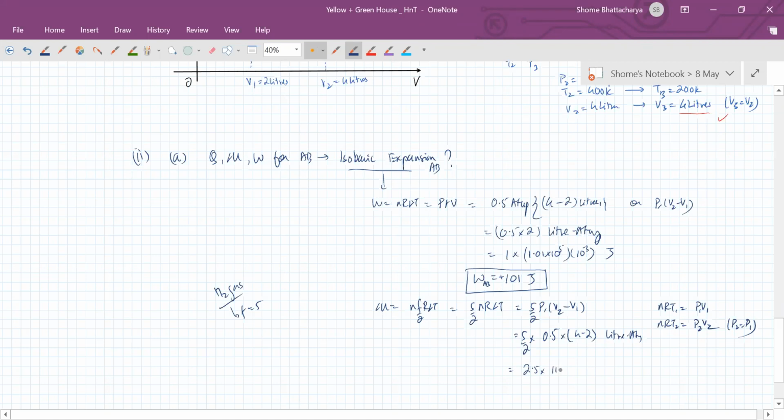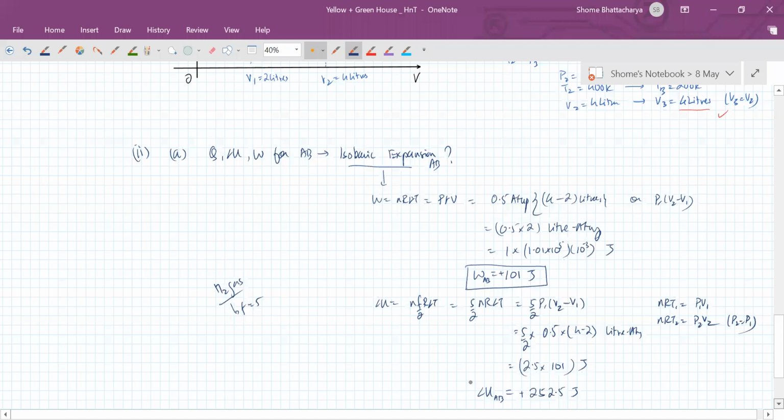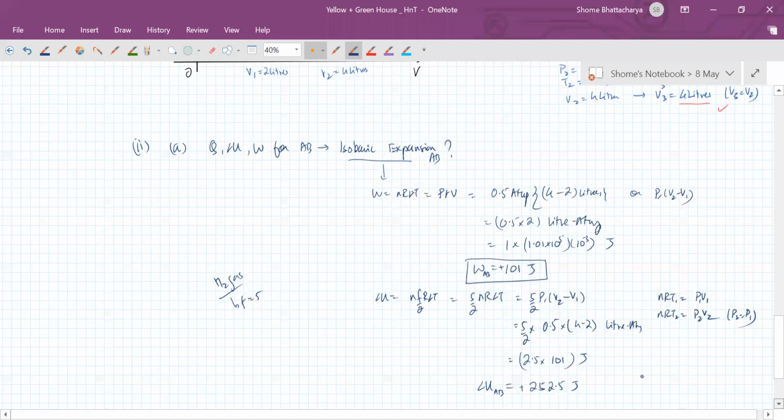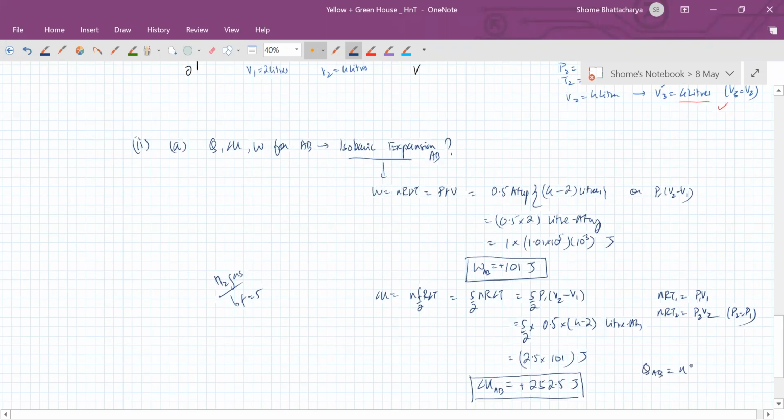So 2.5 into 101 joules. So that's our delta U for the process AB. And QAB, just use this.